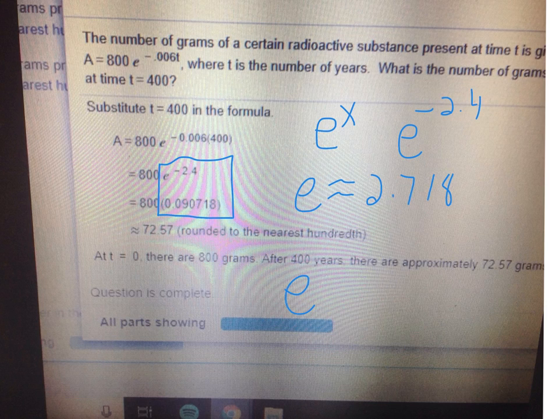So e to the negative 2.4 power is about 2.718 to the negative 2.4 power. If you put this in a calculator, it will give you this value approximately.